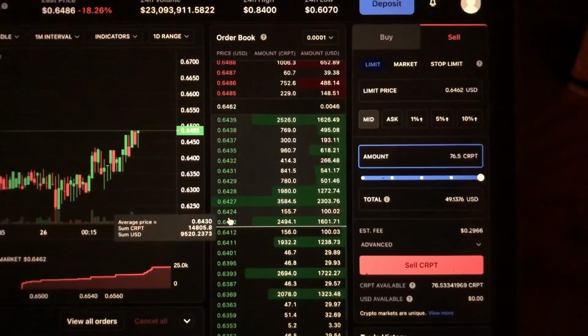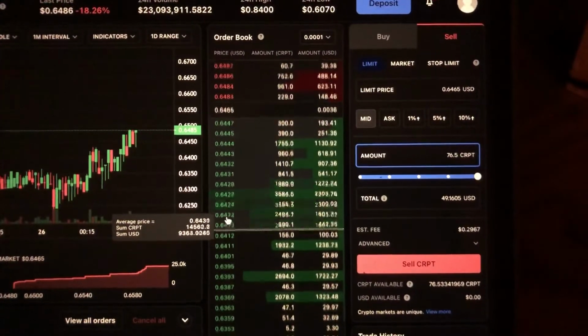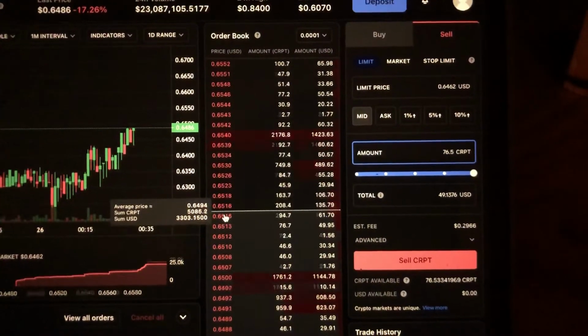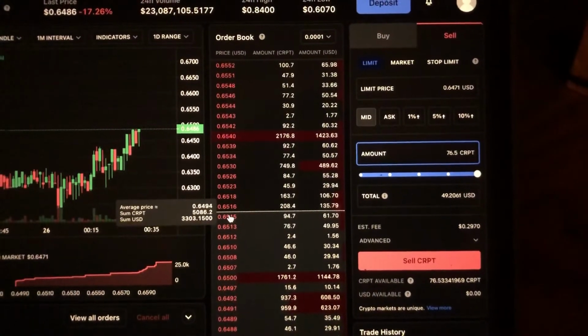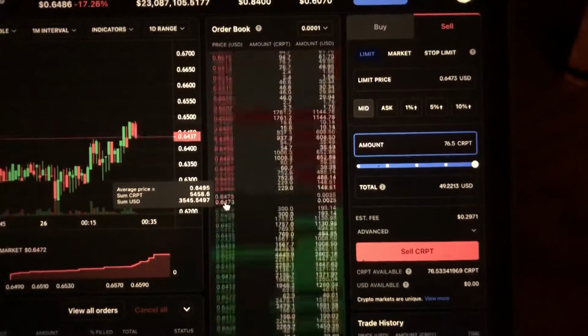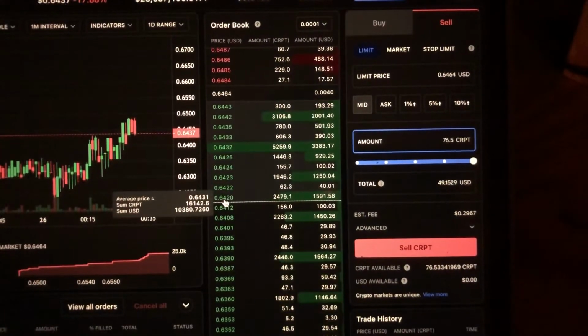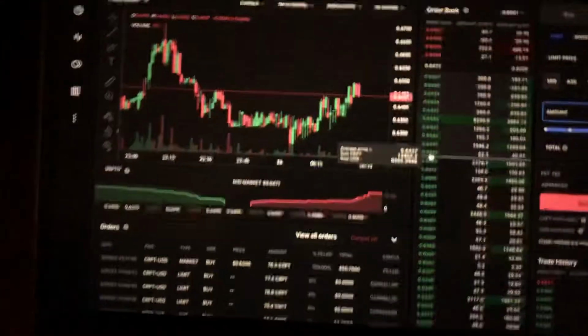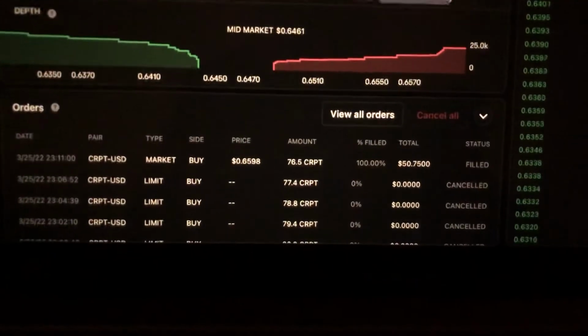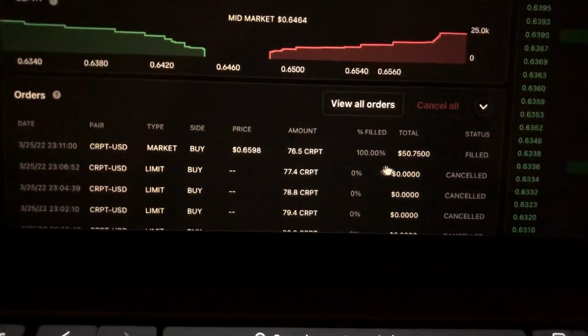Right now it's indicating that the buyers are in control. I'm seeing a lot more highlighted down here than I'm seeing highlighted up here. That's basically it.